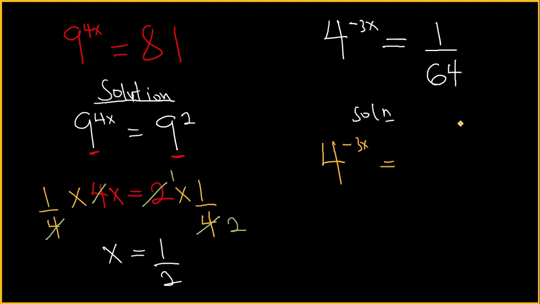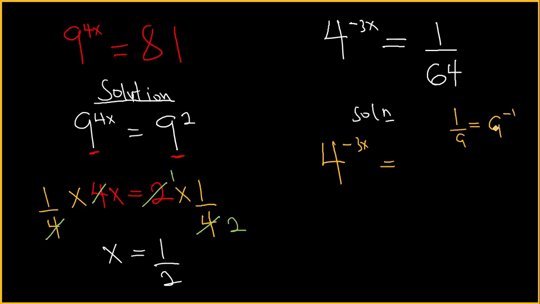So it says for the negative index, 1 on a is written as a to the power negative 1.